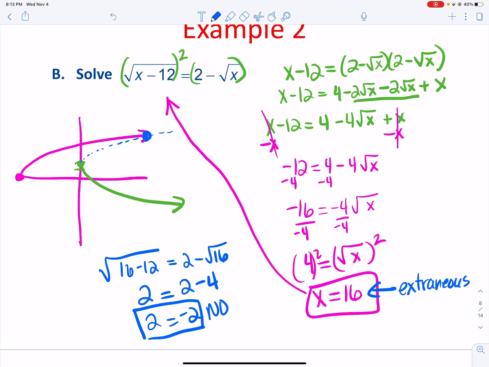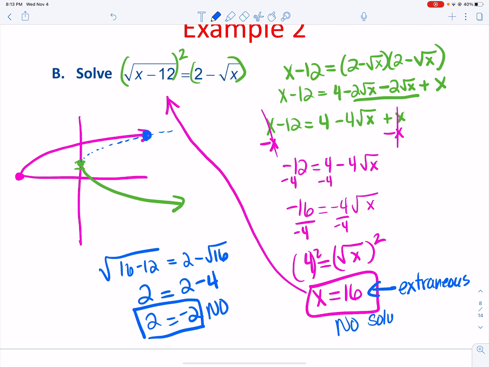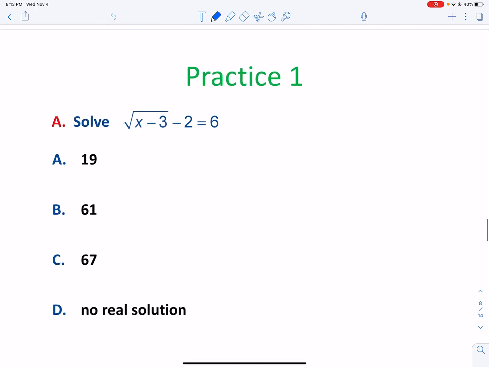So what you would write is 16 is your extraneous solution, so there is no real solution to this problem. On the test, you can't just graph these and say it doesn't work. You're going to have to find the mathematical answer. So I would like you to try this one on your own, pause it, and try it on scratch paper. Then unpause it when you're done, and I'll work it out.